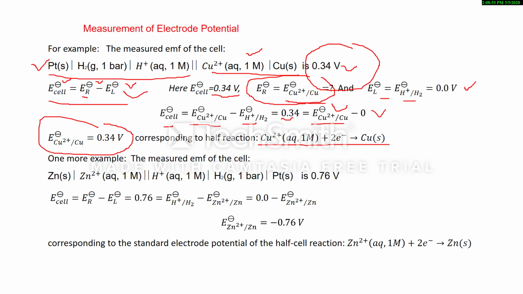See one more example. If we construct a galvanic cell by using the hydrogen electrode along with the zinc electrode, again we determine its cell potential, and this will come to 0.76 volt. With the help of the deflection in the galvanometer we can find out the direction of current, and with the direction we can see which one is cathode and which one is anode.